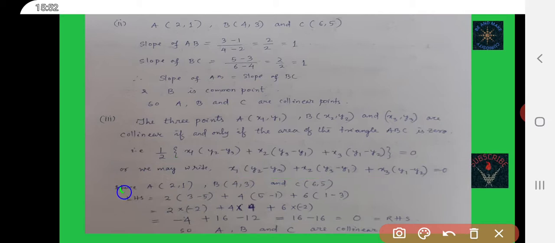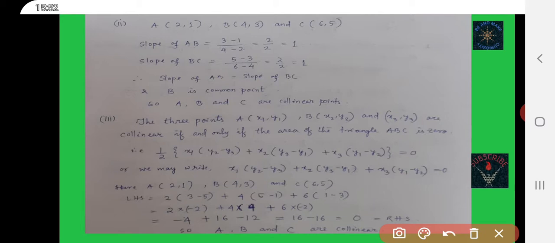So here the points given are A 2 1, B 4 3, C 6 5. These are 3 points. Now we have to check using the area of the triangle whether the points are collinear or not.